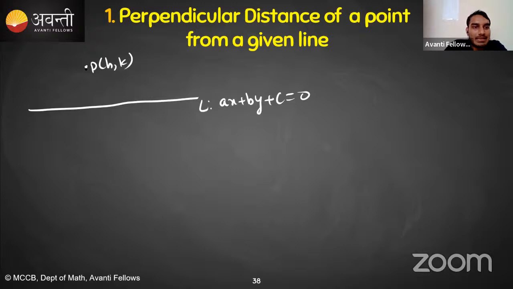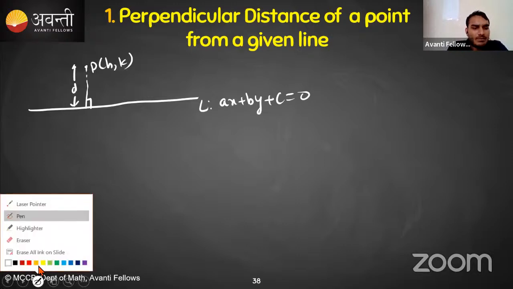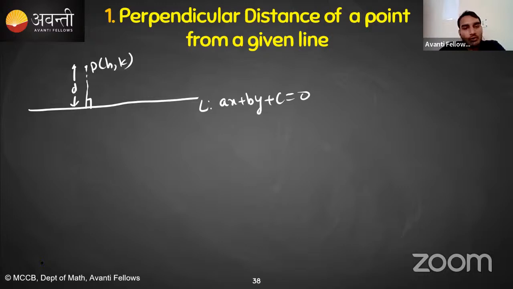The question is asking us to find the perpendicular distance of this point from the line. So this perpendicular distance is d. How will you do it? There is a direct formula. The procedure is not important for this one. You just have to remember the formula only.